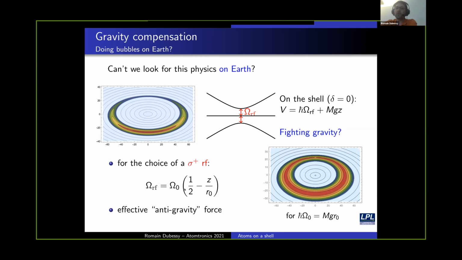And if we tune the parameters so that both terms linear in Z balance, then we can get to a situation where the isopotential of the trap really fills the whole surface.